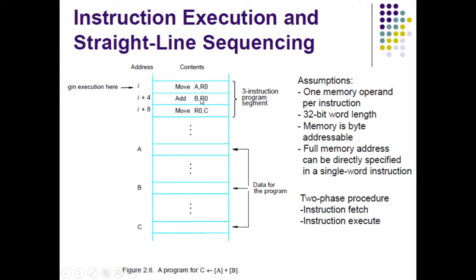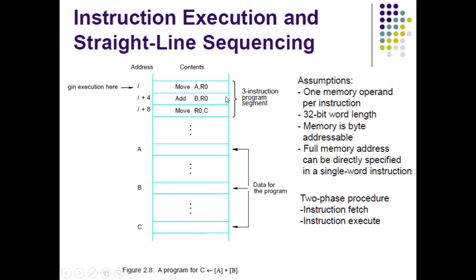So while executing this second instruction, the PC is again incremented and points to the next instruction, because each instruction is of size 4 bytes or 32 bits. So the next instruction is available after 4 consecutive bytes. If the second instruction is at I plus 4, then by skipping the next 4 bytes, the PC points to location I plus 8.